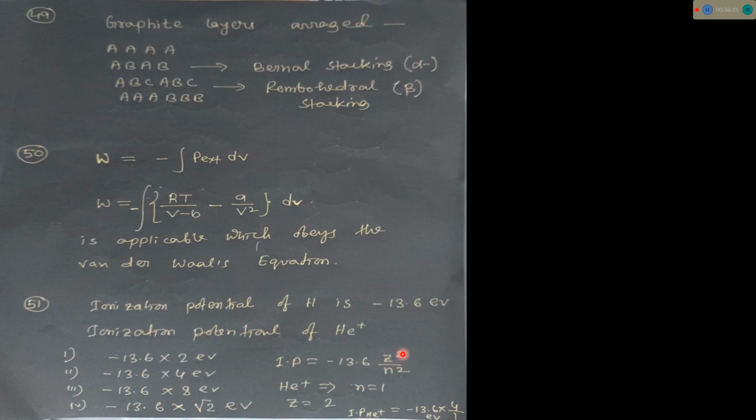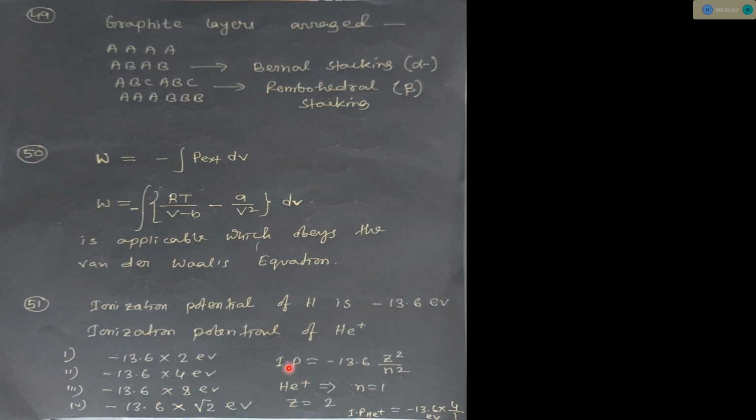Z is the atomic number, and N is the quantum number, the quantum state in which the electron we are considering is moving. Not at rest, the electron is always moving.